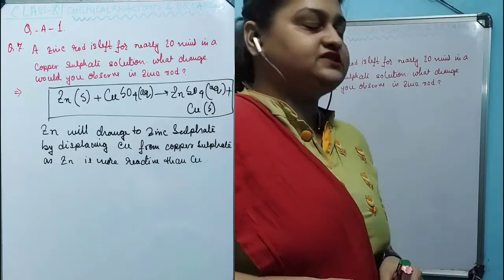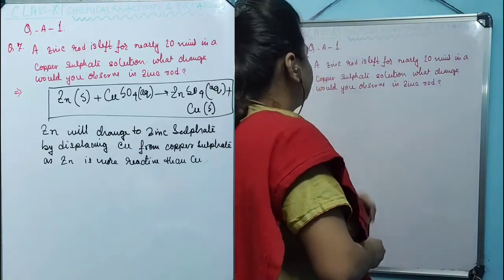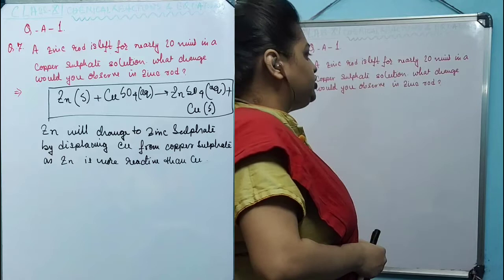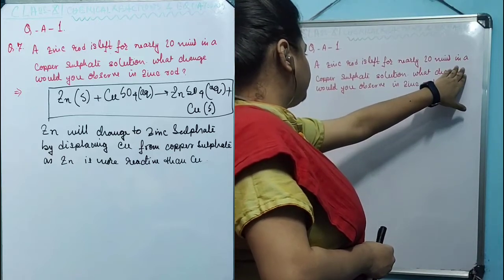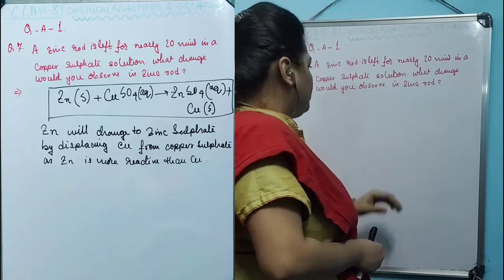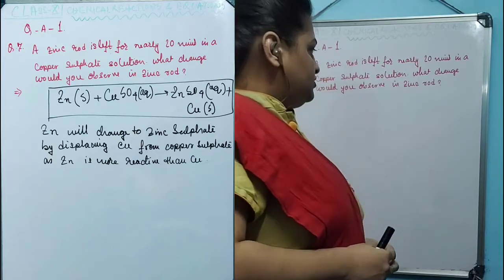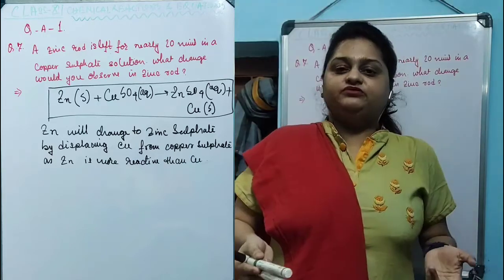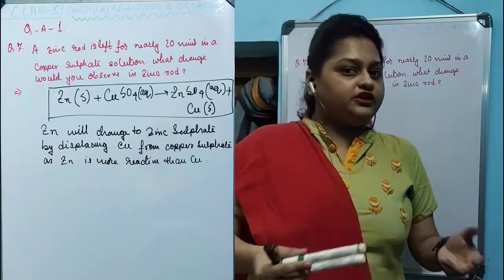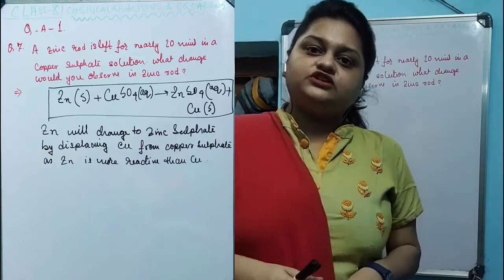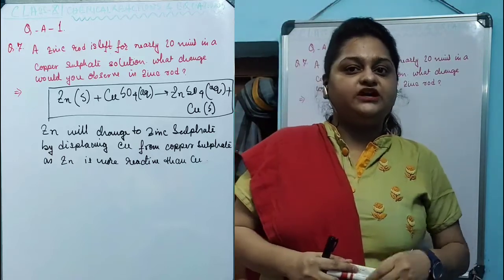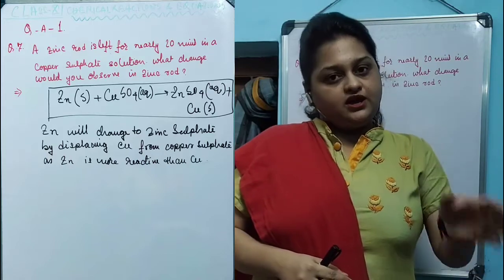Question number 7 is saying that a zinc rod is left for nearly 20 minutes in a copper sulfate solution. What change would you observe in the zinc rod? We will observe that with time the mass of the zinc rod will decrease. Now this observation is explained on the basis of the activity series of the metals.